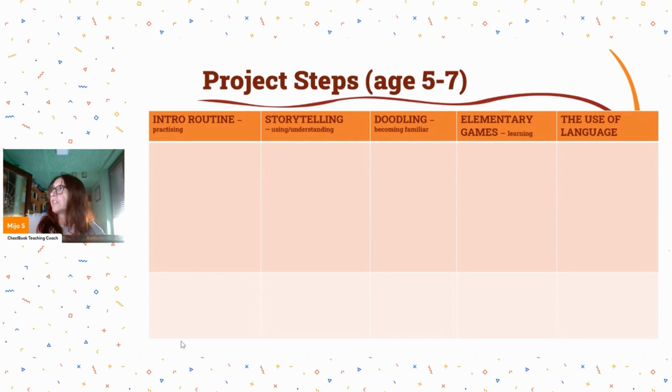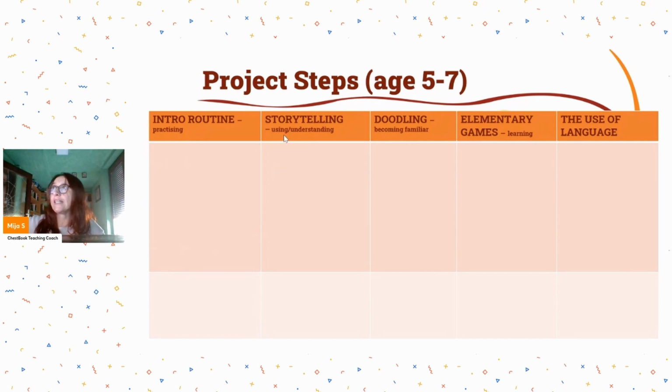Up there, you see in the dark orange the names of the project steps, and underneath you see in small letters, in lower case, the part of what children get from each step. So in the introductory routine, children are practicing.